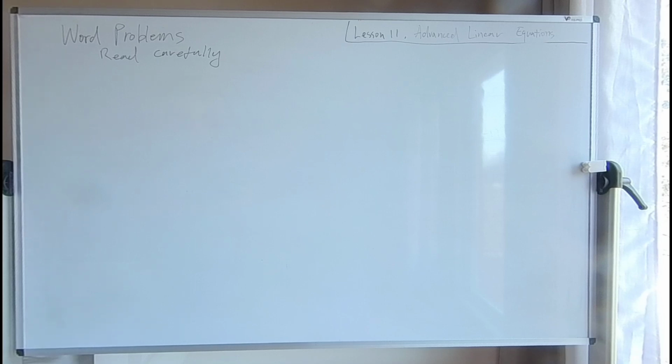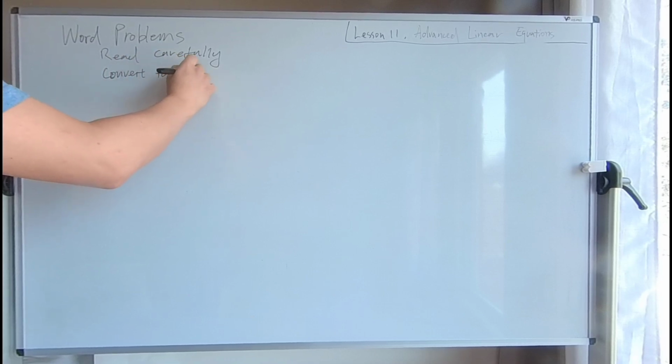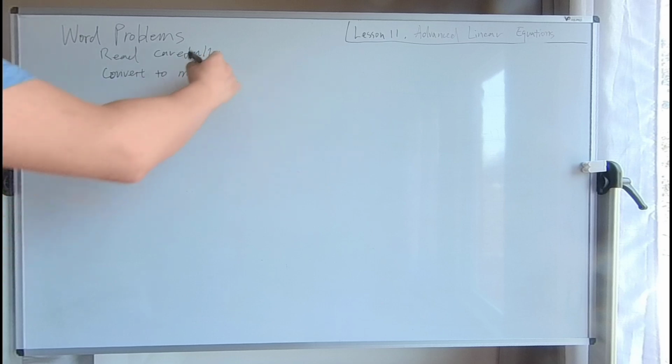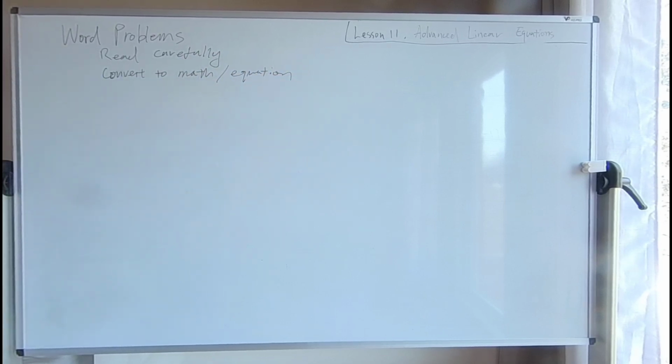Now, after reading the problem carefully, you will need to convert your problem into a mathematical equation. Right? Convert to math or convert to an equation. And we'll see more on this step, because when converting into equations, you need to look for the equivalent quantity to construct the equation.